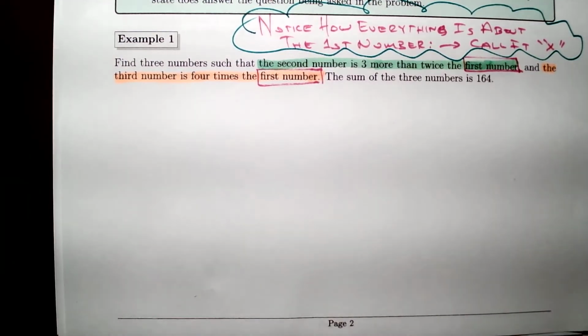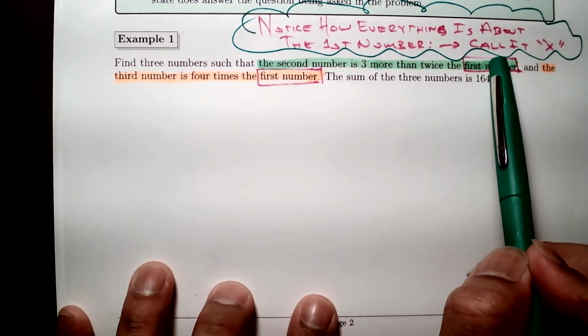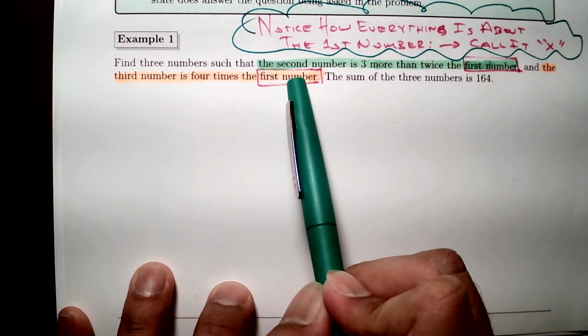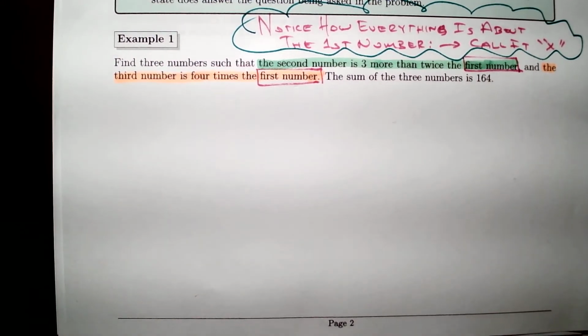For example, if you have a similar problem that said twice the second number, well, everything would be about the second number. How are we going to label them and do the setup?